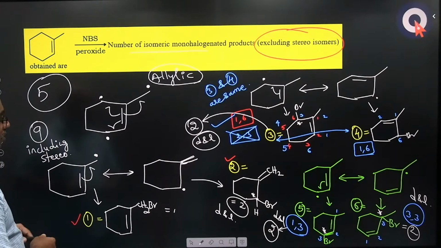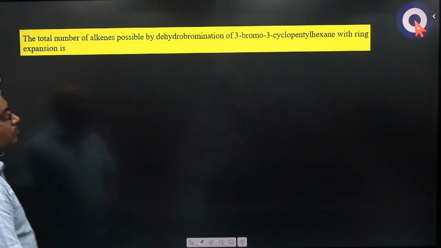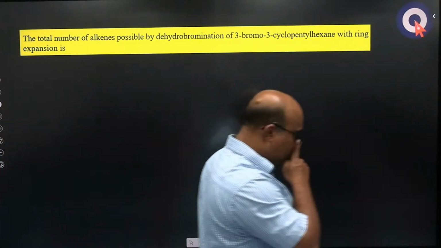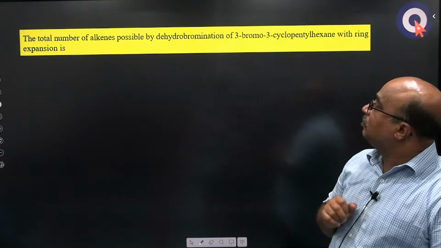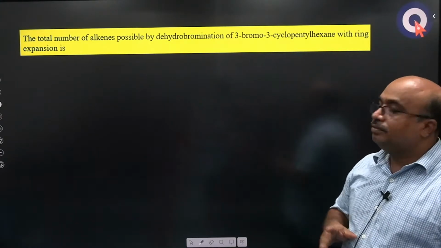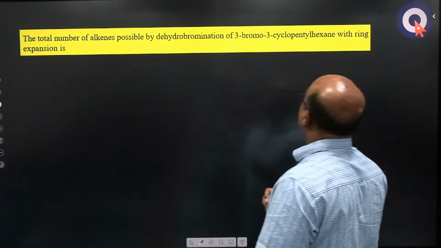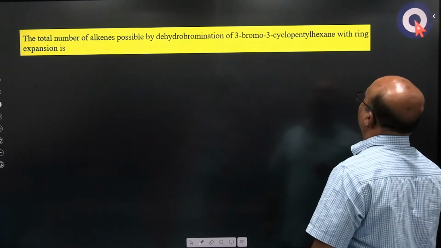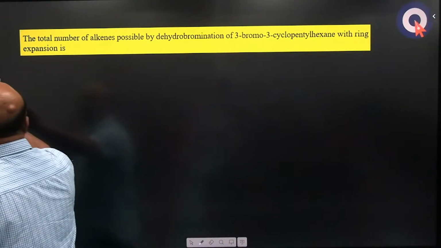Coming to the next thing, next slide. The next question: total number of alkenes possible by dehydrobromination, removal of H and Br, of 3-bromo 3-cyclopentyl hexane. So what is the basic structure of that compound?